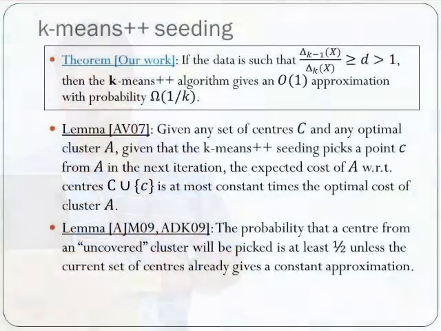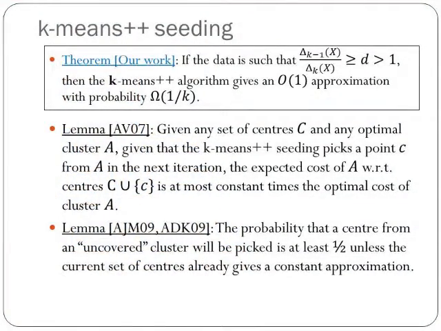Okay, so in some sense, as soon as you sample a point from an uncovered cluster, there's a good chance that it's going to be covered, and you can forget about the cluster in future iterations. That is the intuitive idea of what we are going to use for our analysis.